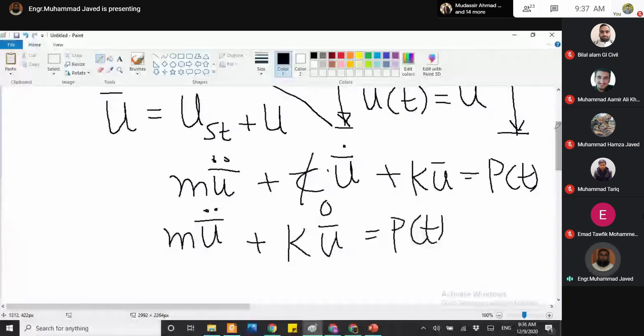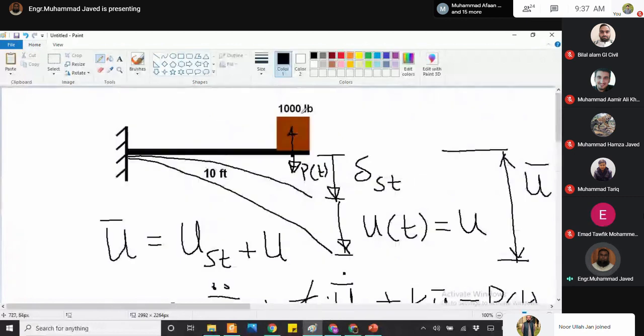Mass can be calculated. Total weight acting on the beam is 1000 pounds, so the mass will be 1000 divided by g. Similarly, stiffness can be calculated. For the cantilever beam, the stiffness is 3EI over L cube. E is 29,000 ksi, length is 10 feet, so we can calculate the stiffness.